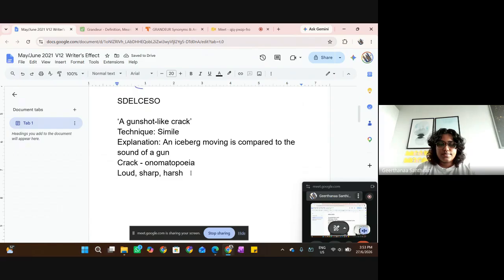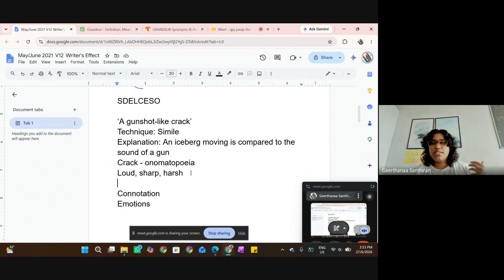What else? Connotation, emotions. Well, speaking of gun, ooh, that's scary. It's a weapon. It's used to hurt people. All the news, all the things we read about guns is that it can kill, it can hurt, it's bad, right? The fact that the writer made us think of a gun, that can be pointed out. We are forced to think of this image of a gun.